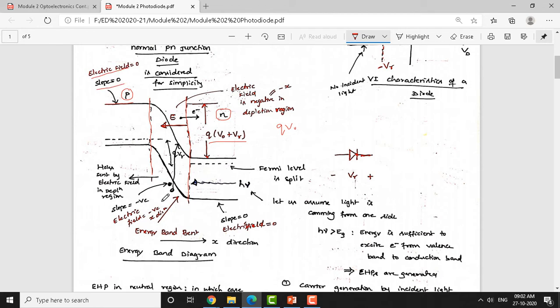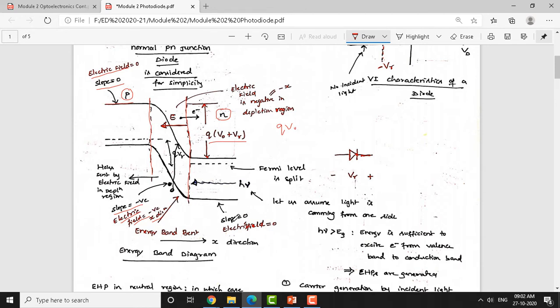Slope is equal to 0, whereas in the depletion region you can see that the slope is negative. Okay, you can see that the energy level is decreasing here, so the slope is negative, and the electric field is acting in the negative x direction. Negative x means from N to P, we have considered that as the negative x direction here. So the electric field is acting from the N side to the P side, that is taken as the negative x direction.